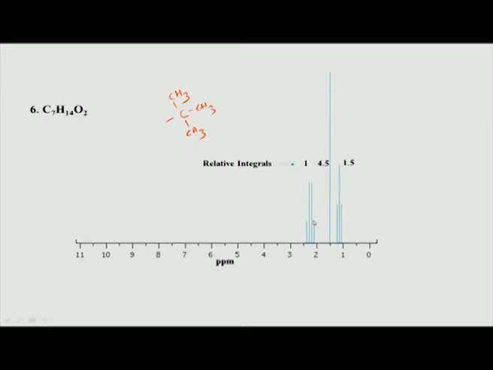Now, we have seen a quartet and a triplet. Typically if you multiply this by 2 you get 3. So, what has happened is we have rescaled this integral, and we call it 2, 9, 3. Now, whenever you see 3, it means it is a CH3, and this is a CH2, because 2 hydrogens.